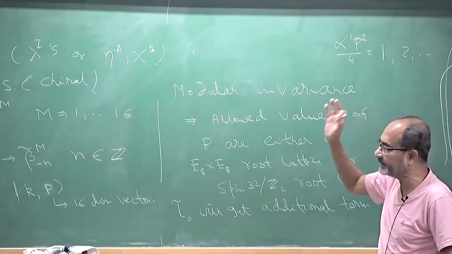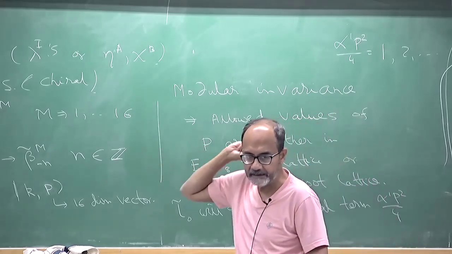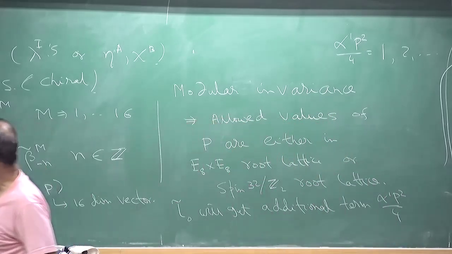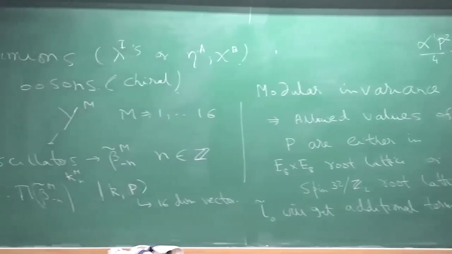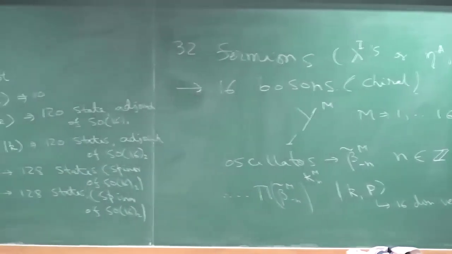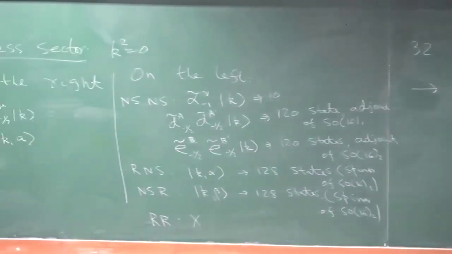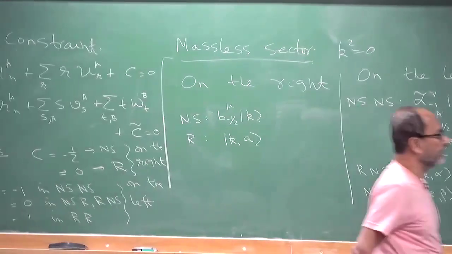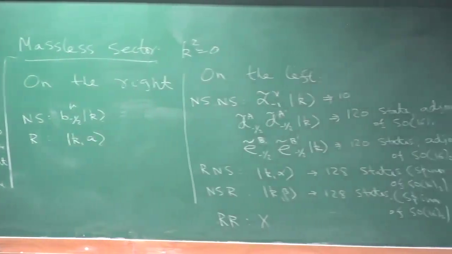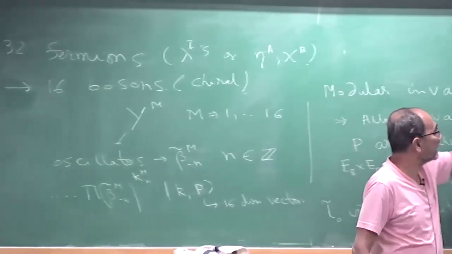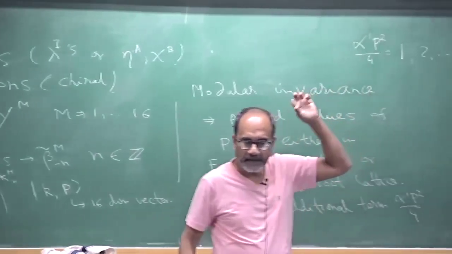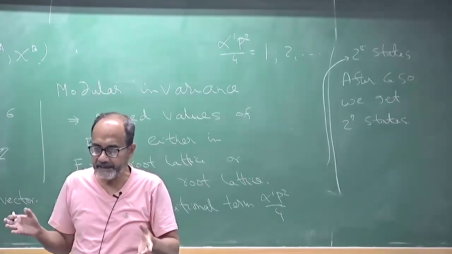That cancels the minus 1 that came from the C tilde. You remember the C tilde was minus 1. Now all these sectors are not there, so C tilde is just minus 1, and that has to be cancelled by choosing an appropriate P. And the P's which satisfy this are the adjoint of E8 times E8, or the adjoint of SO32 for the heterotic string.